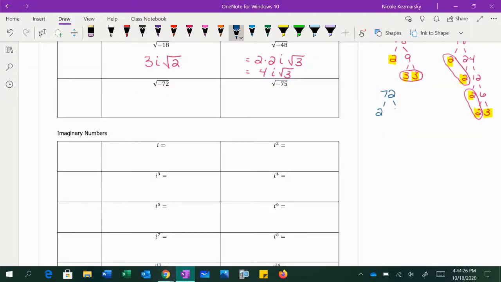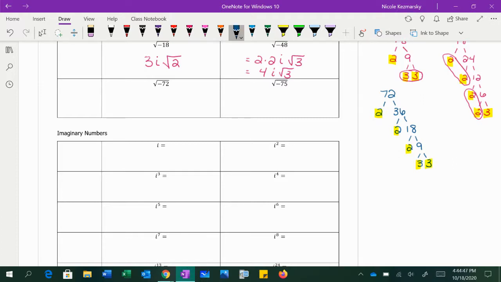So I'm going to do 2 times 36. 36 is still even, so it's 2 times 18. 18 is 2 times 9. And 9 is 3 times 3.